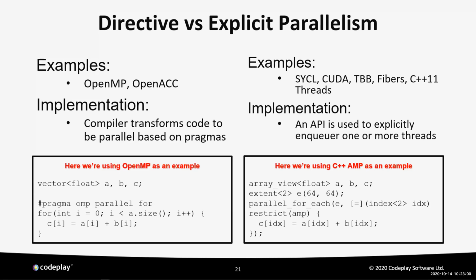The other one is using an explicit API, and that's primarily what most of the other ones do. SYCL, CUDA, TBB, Fibers, C++11 threads, all use some sort of API. And here I'm using a C++ AMP example of using an explicit API like parallel_for_each.